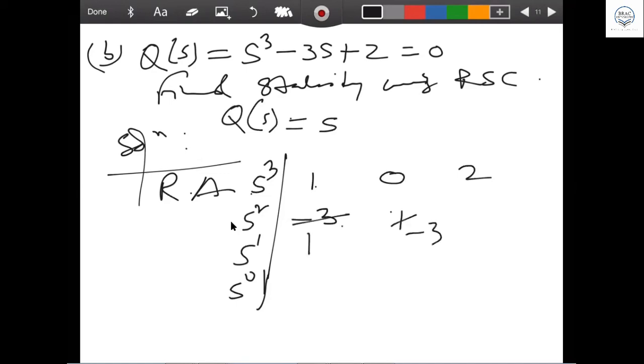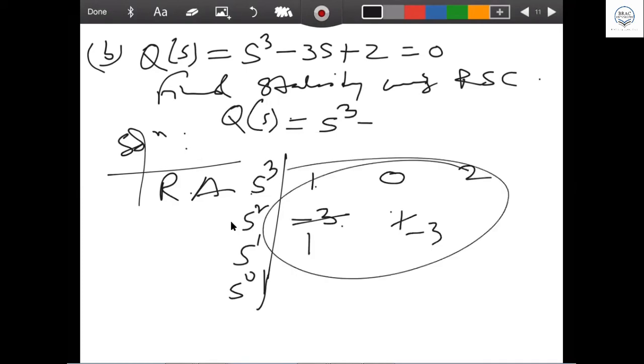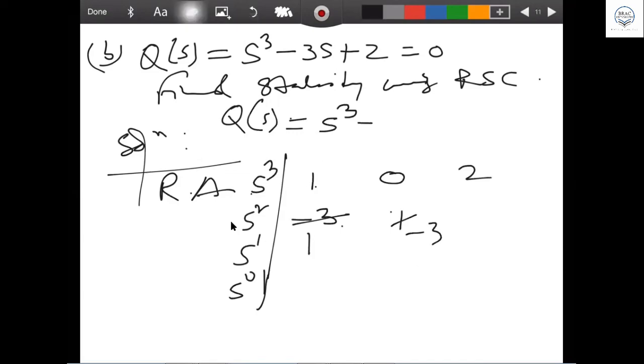Now let's look at it. S cube, look at this thing. You have to do it like this. Anybody can tell me correctly what is the thing here, or do all of you agree? 1, minus 3 for the first s cube, 1. That's the thing you have to tell me. Good. 1, minus 3.